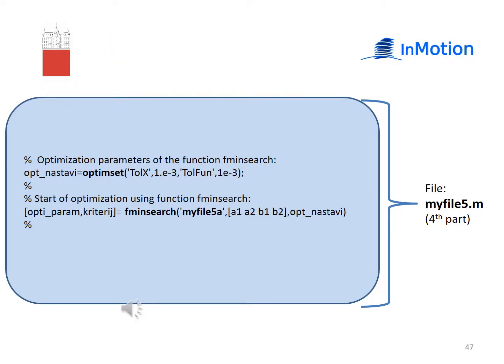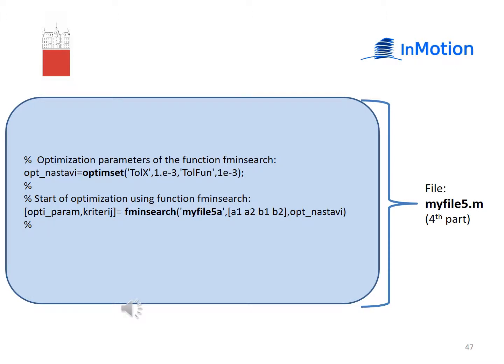Now it is possible to call an optimization function. In this case, the MATLAB function fminsearch was chosen, which uses the Nelder-Mead simplex method, which is a direct search optimization method. Additional possibilities are available in two toolboxes, in the Optimization toolbox and in the Global Optimization toolbox.